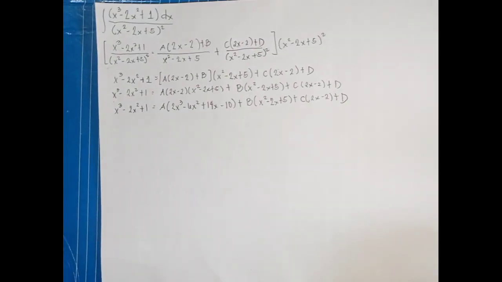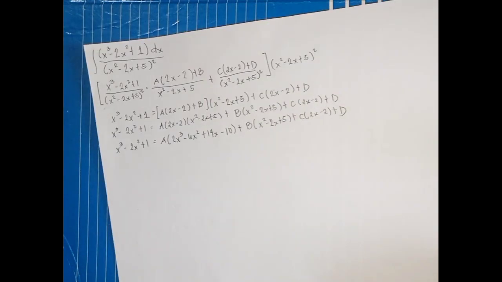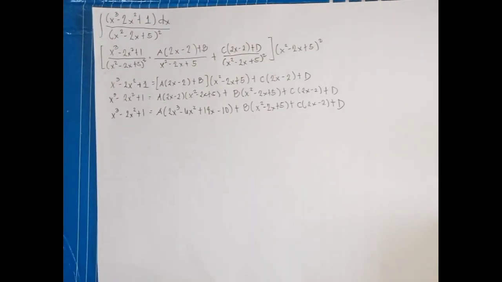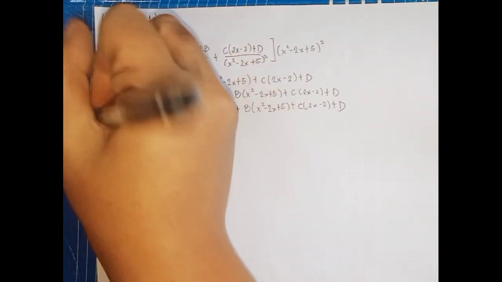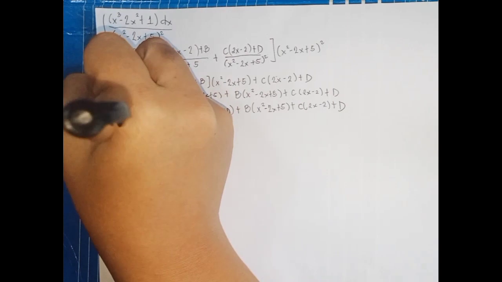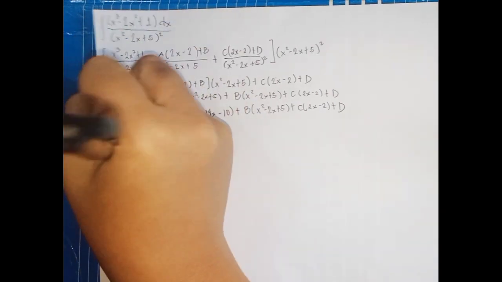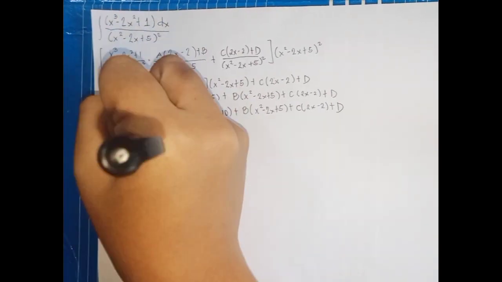And the next thing that we are going to do is combine similar terms. We will now get the values of a, b, c, and d. For the x cubed, the coefficient is equal to 1.